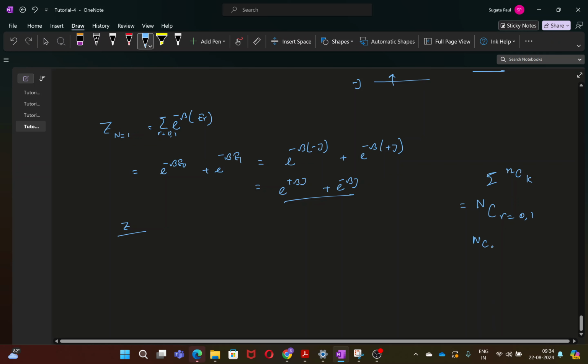So you know NC0 is equal to 1, and NC1, which is like 1C1, is again 1.